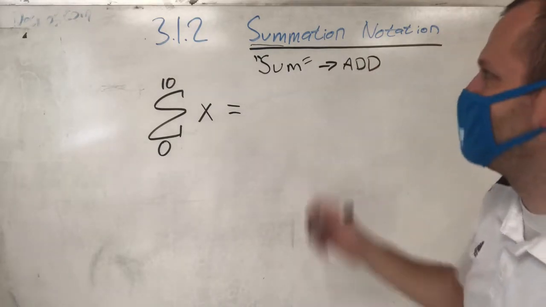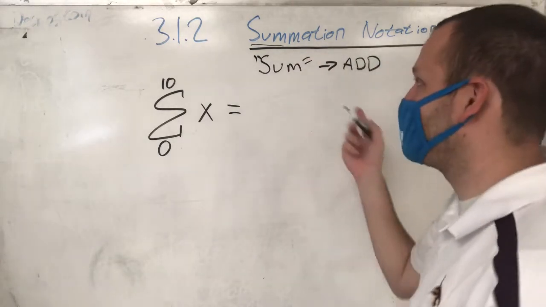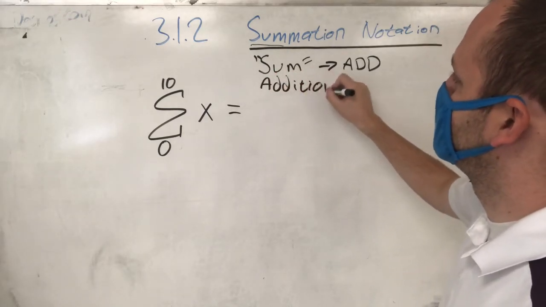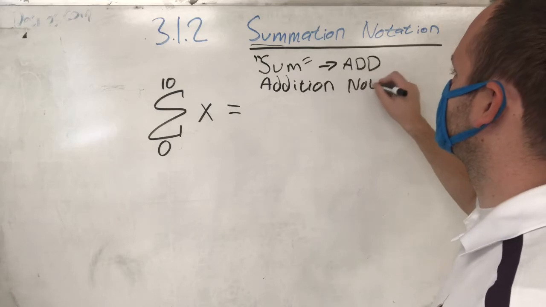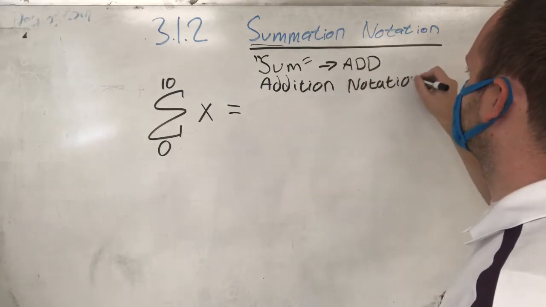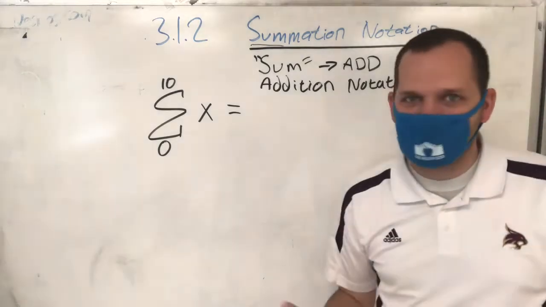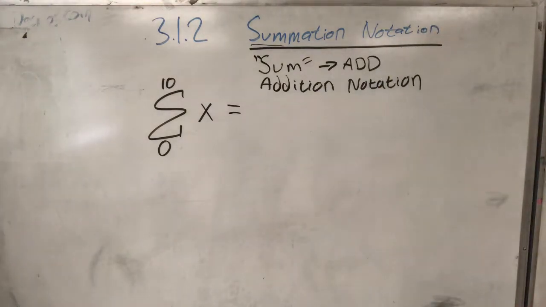So instead of calling this summation notation, we could also call this addition notation. Summation notation, addition notation, it basically means the same thing. We are adding multiple pieces together.